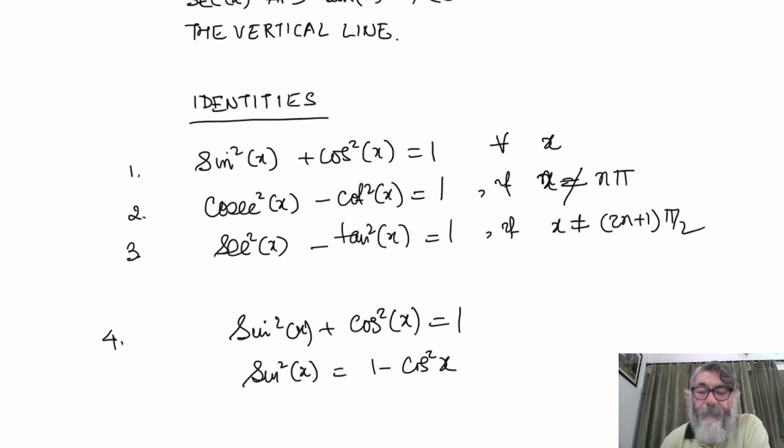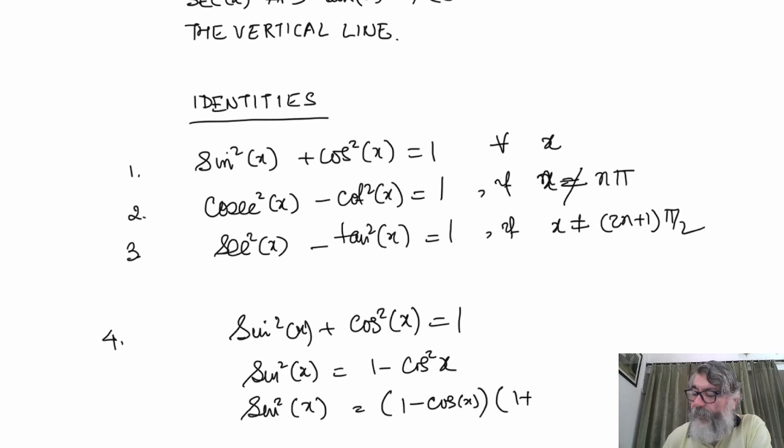Is that clear? Sin square x can also be written as 1 minus cos x and 1 plus cos x. If I factorize this, 1 minus cos square x can be factorized as 1 minus cos x and 1 plus cos x.